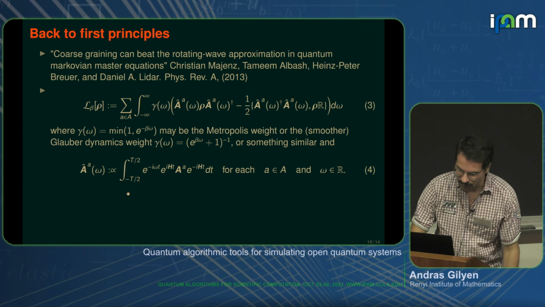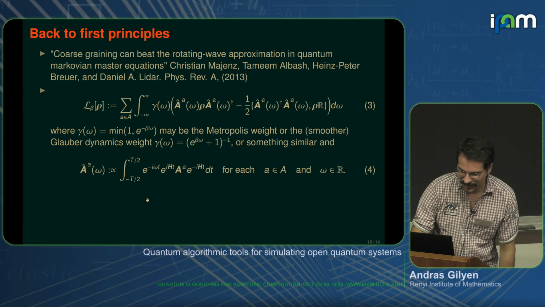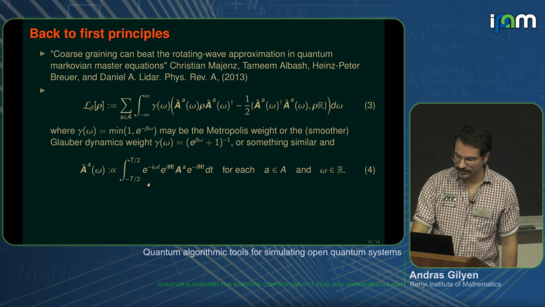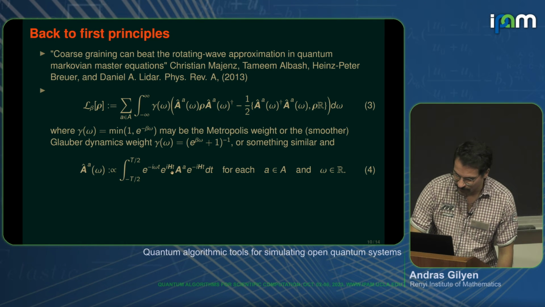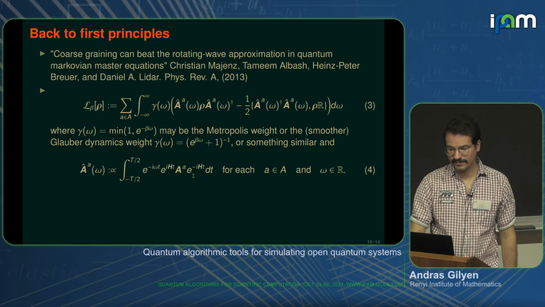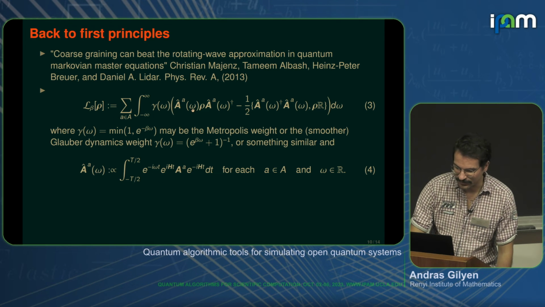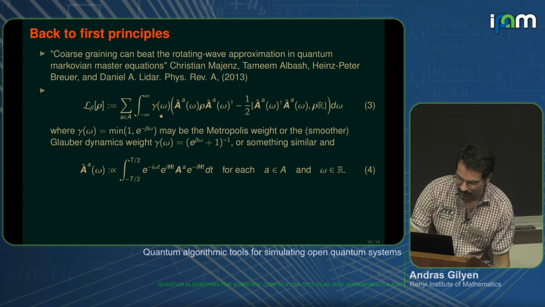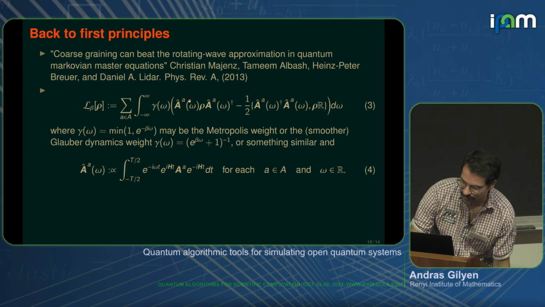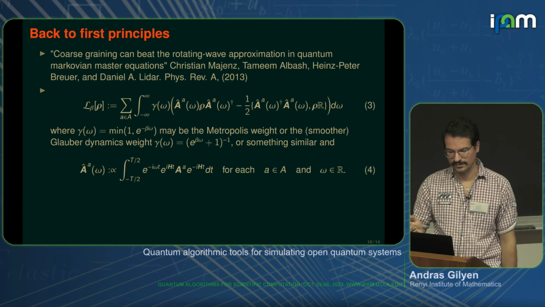Whatever you see here is often called the operator Fourier transform. This is Fourier transforming the jump operators with flat weights in this case. And these are the jump operators of your Lindbladian, which is now in a continuous case. You don't have a sum of jump operators, but you have a continuous sum of jump operators, which is the integral.